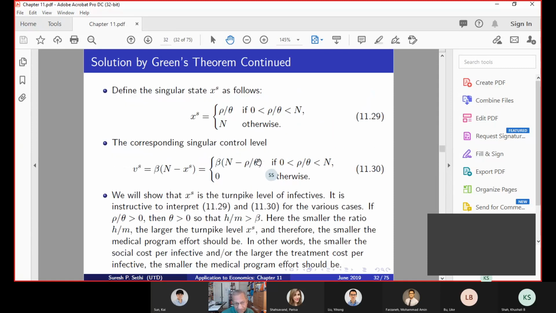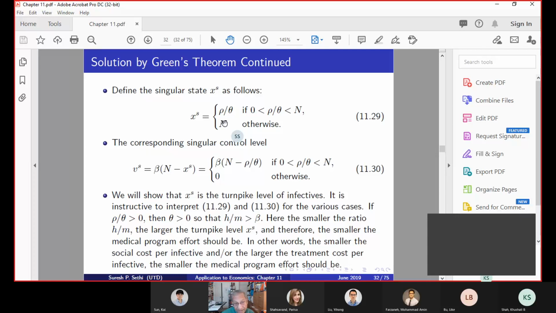Once I have a turnpike, there's a slight issue here, which is that the turnpike itself may not be feasible. So if rho over theta is less than N, the turnpike is rho by theta. If it is not true, then the turnpike is N. The corresponding singular control for this one is V of S, which is given by this.